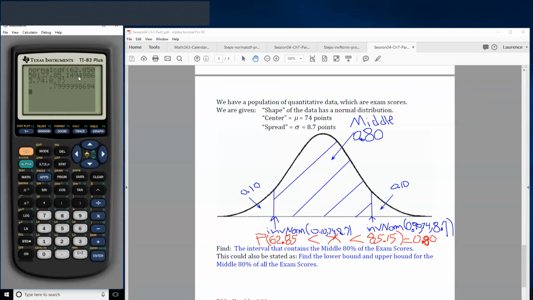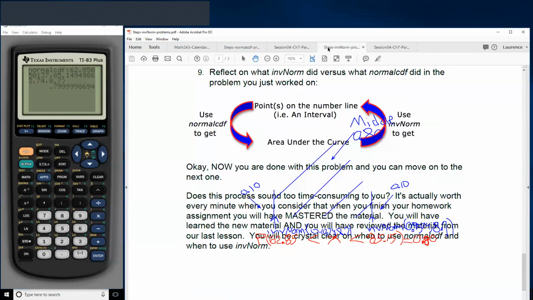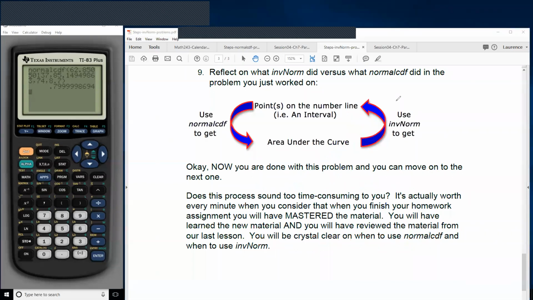So that's what you'll be working on. Be sure and spend some time on it each day, running through your head this little thing. Keep it straight. You know, which numbers are areas under the curve, which are points on the number line. Oh, let me clear that drawing so it looks a little clearer. But that's a nice way to keep it organized in your head.